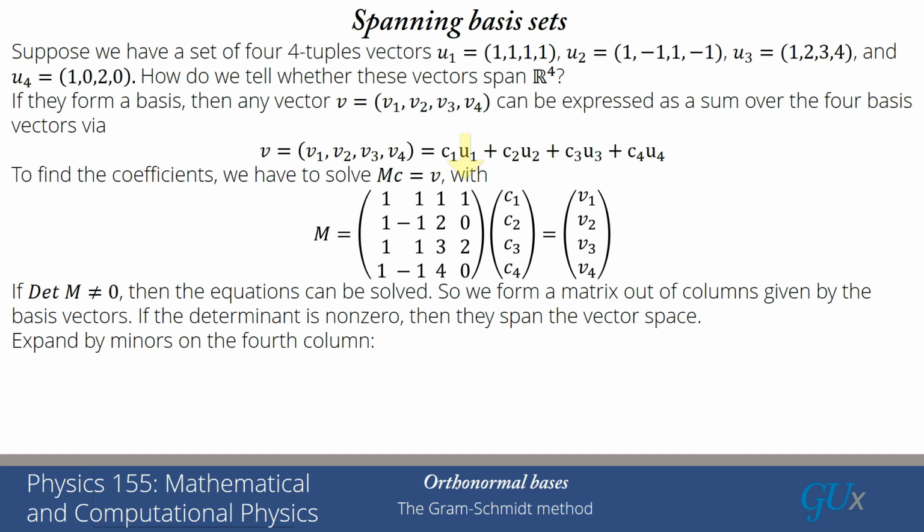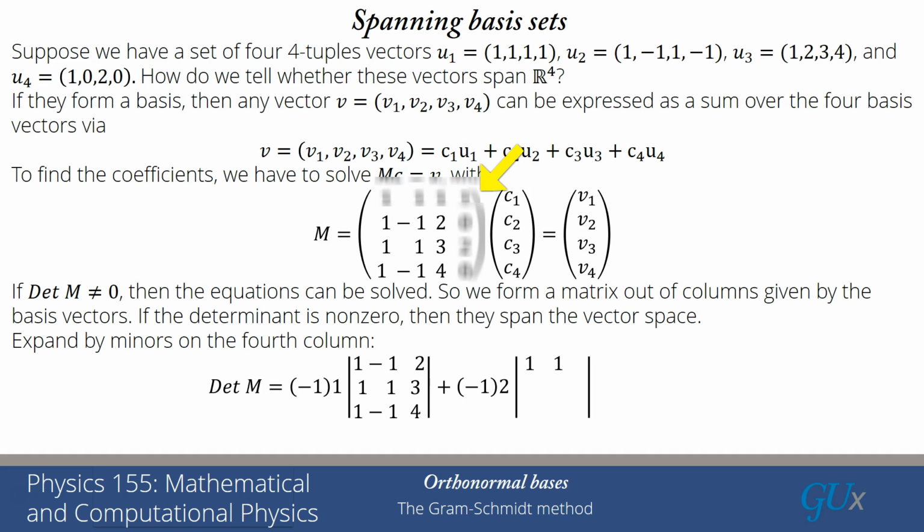We're going to expand by minors on the fourth column because there are two zeros there. And so the determinant of M is minus 1 times the first element, times the determinant of the 3 by 3 matrix I get by crossing out that row and column, plus minus 1 times 2 times the determinant of the matrix formed by crossing out the third row and the last column. And now I work out those 3 by 3 determinants.